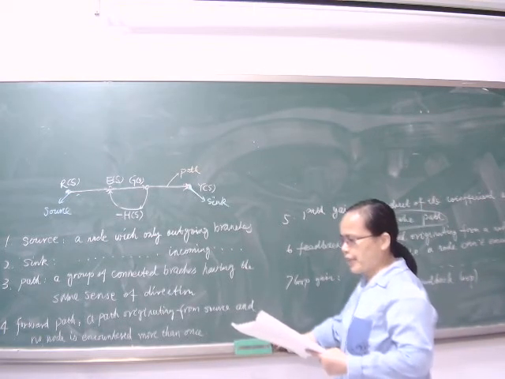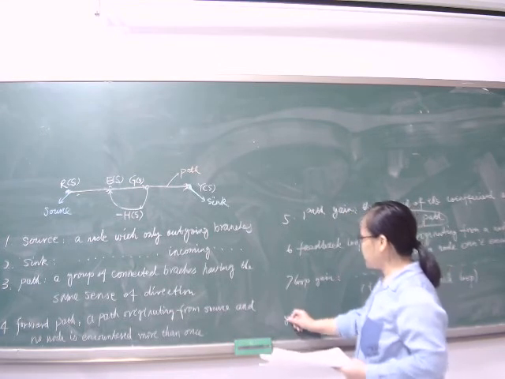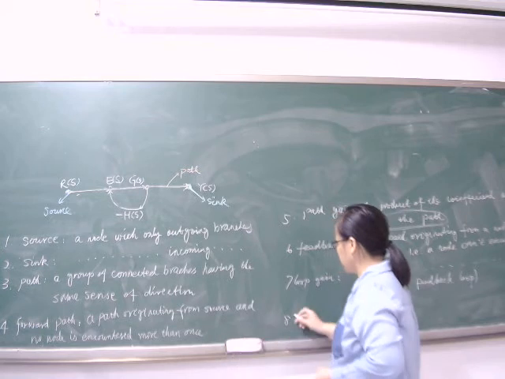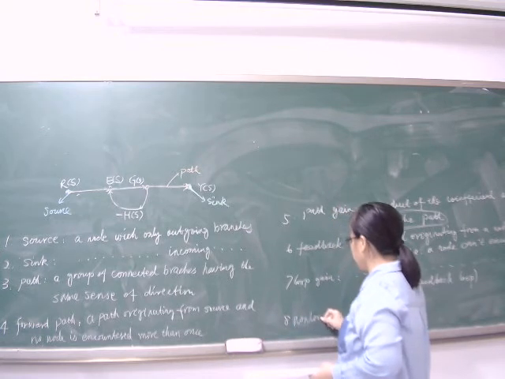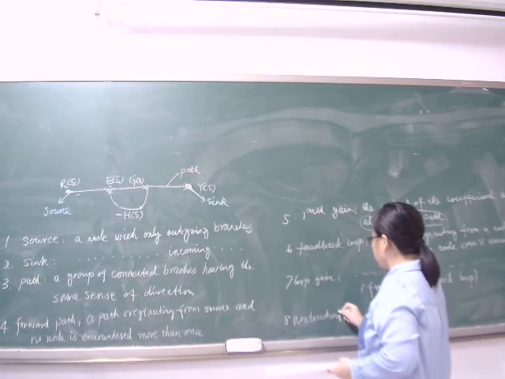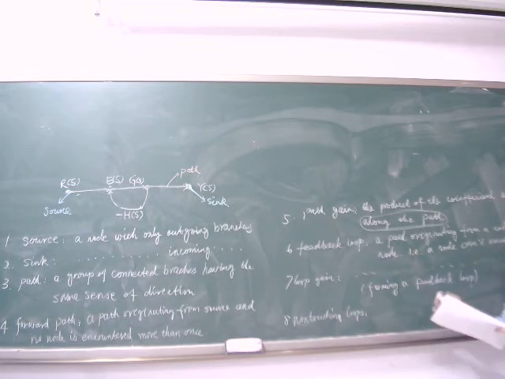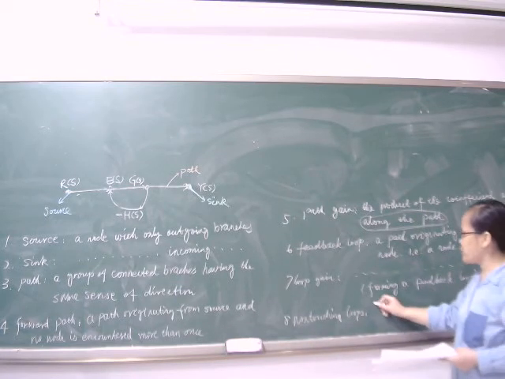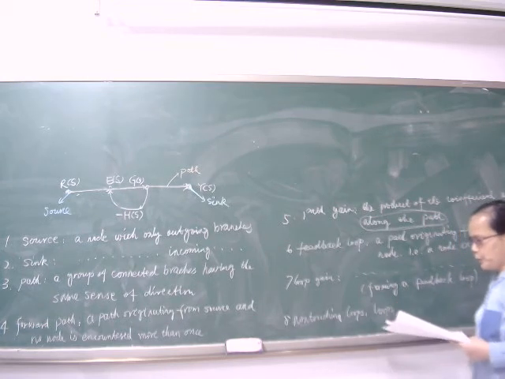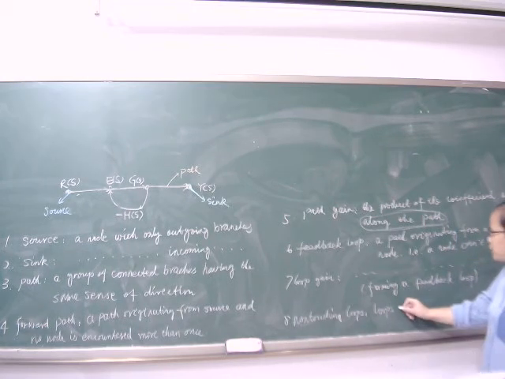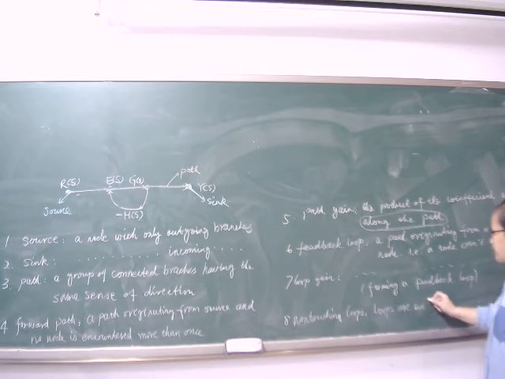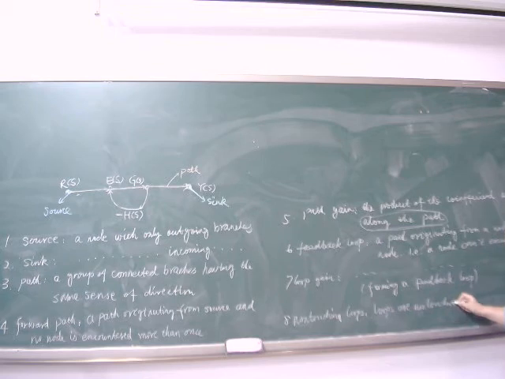And the next is non-touching loops. Non-touching loops are loops that do not pass any common nodes or branches.